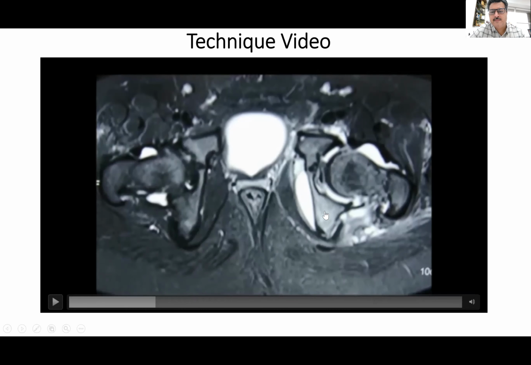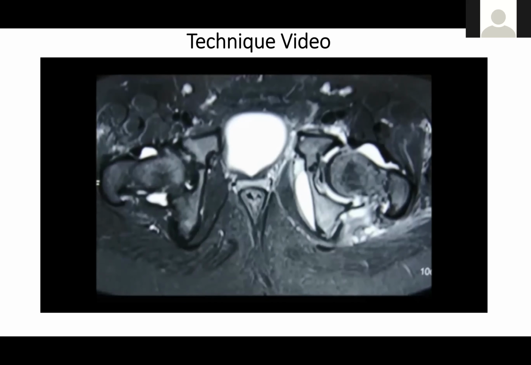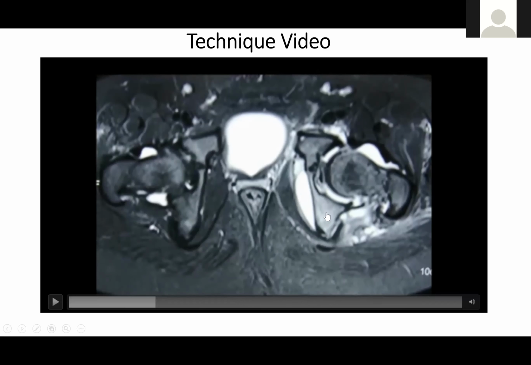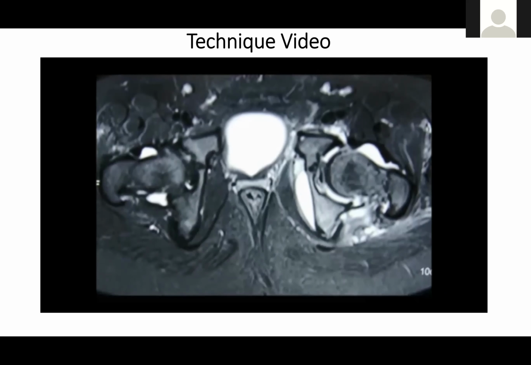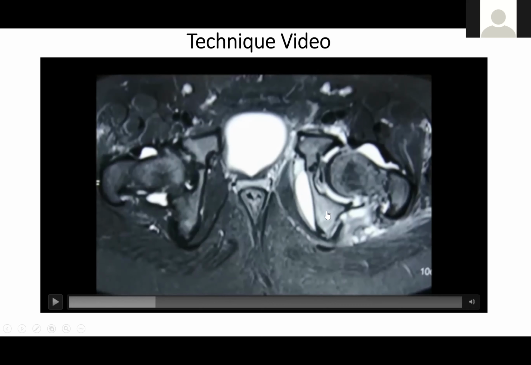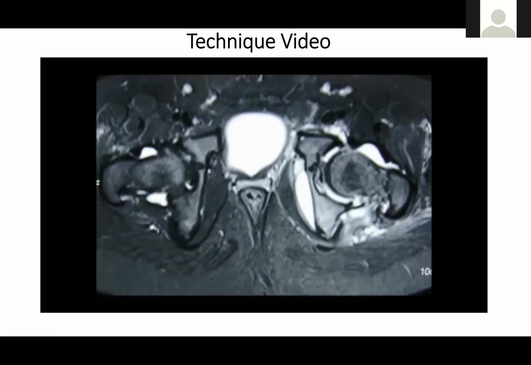I have had similar neglected patients, which we have not studied for the long term, but a lot of times we felt that this is actually an osteomyelitis of the pelvic side, spilling over into the hip joint as well as into the obturator side. Yeah, I agree with you.